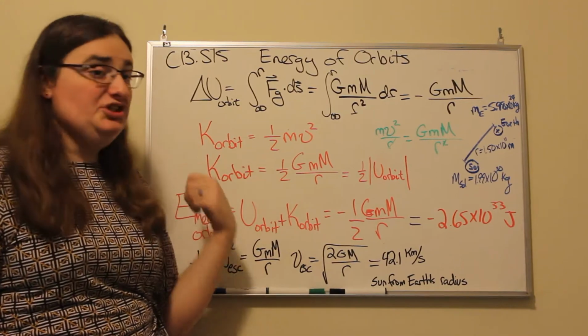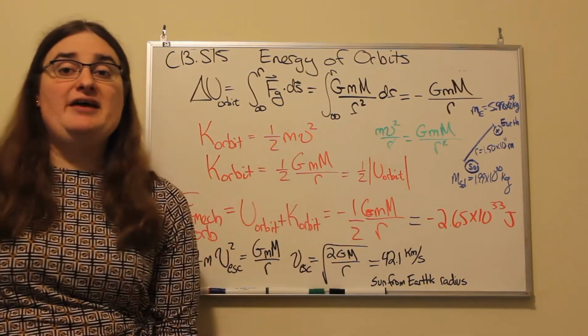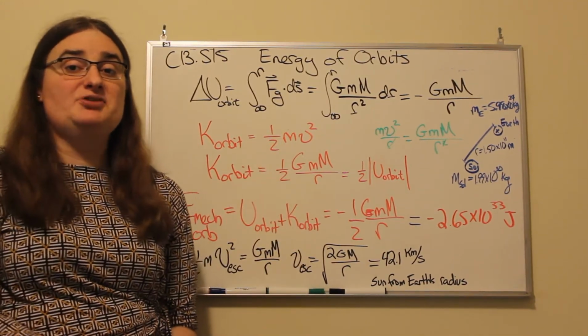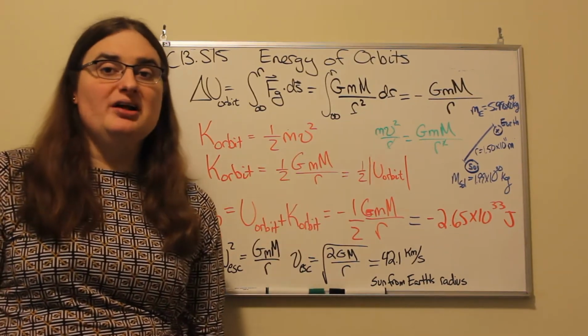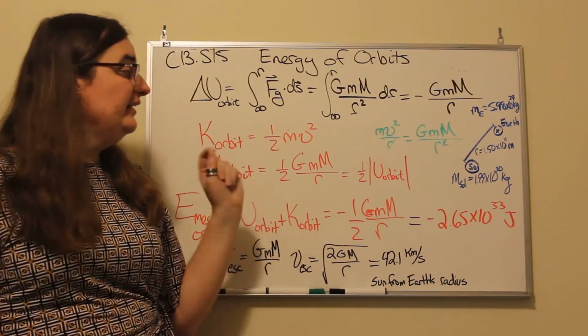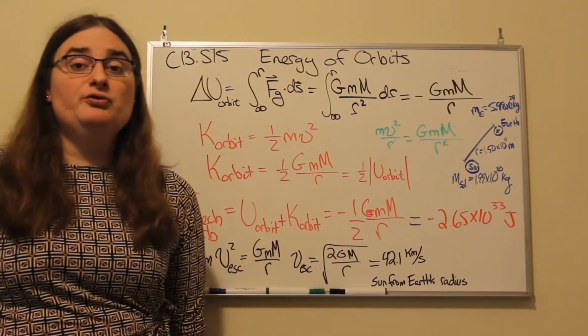Now, kinetic energy is 1/2 times the mass times the speed of an object squared. But the way we worked out Kepler's law, we applied the idea of centripetal force.